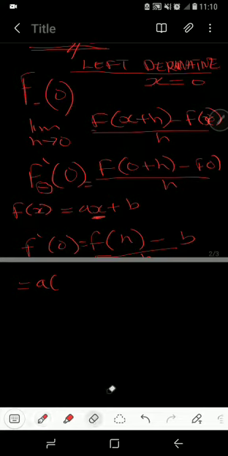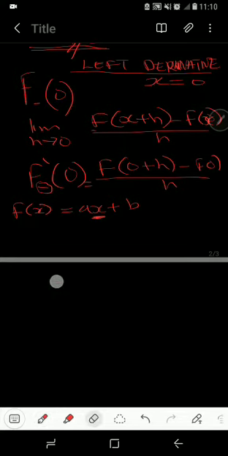I also rub this so that you may not be confused. So following this function, you're going to write like this: limit as h approaches 0. It's the same as the differentiation of this, so don't be confused.